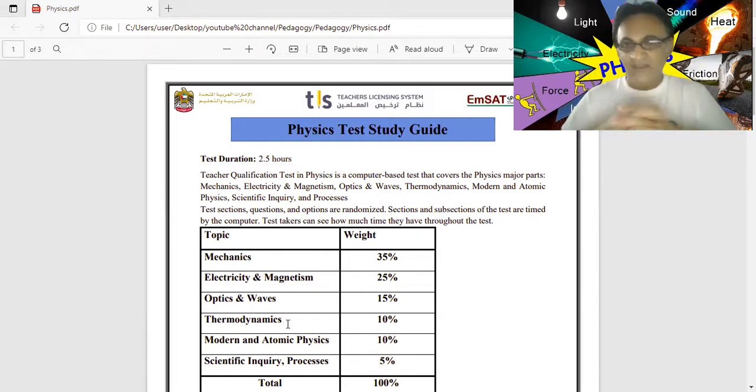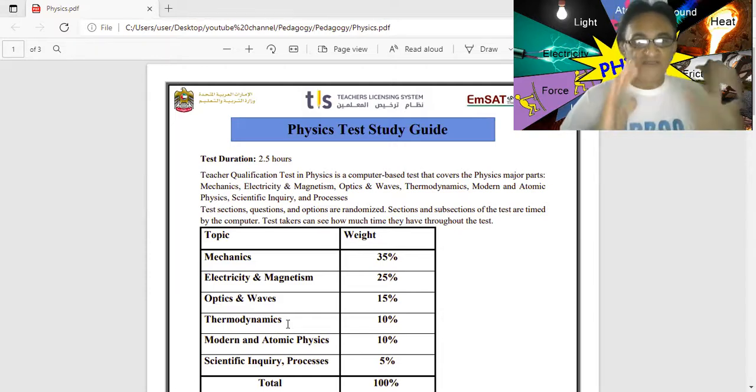So plan your study accordingly and filter the content. The topics you know from mechanics, sort them out and spend the rest of your time on the topics you think you need to improve. Similarly, go through the rest of the topics. This is the first thing you are going to focus on.